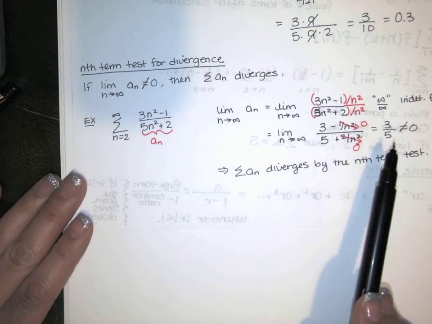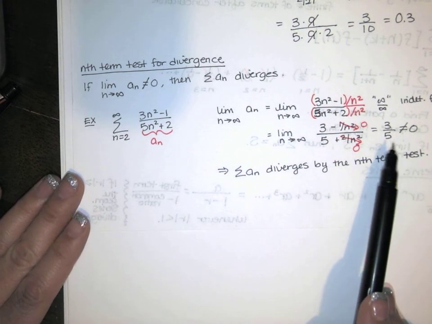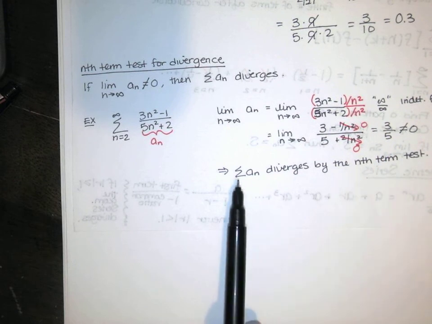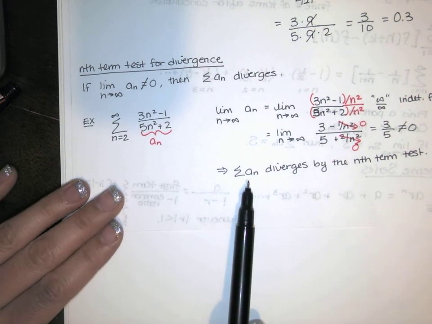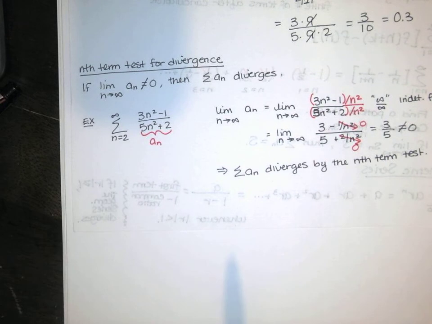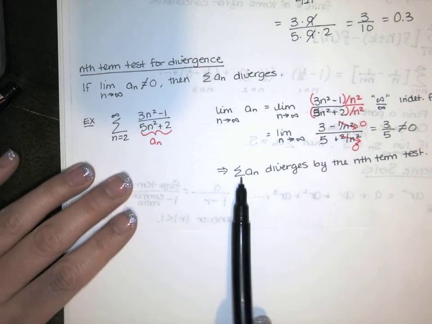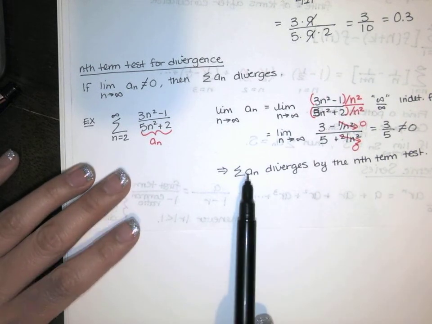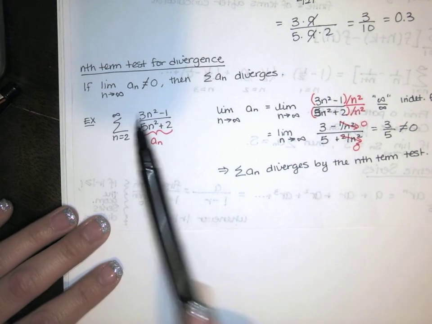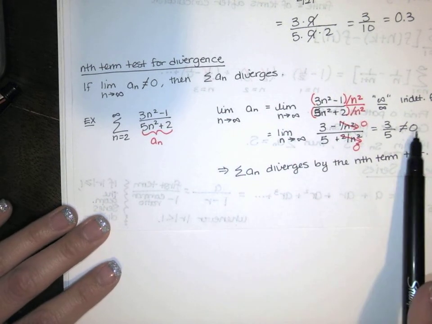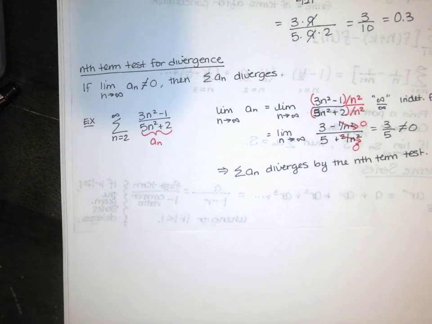So if this is something other than 0, when I add it to itself infinitely many times, I'm going to get something that definitely doesn't go to a finite sum. It's going to go to positive or negative infinity. So this corresponding series diverges by the nth term test. So you look at this, you take this limit, if you don't get 0, it diverges, and you're done.